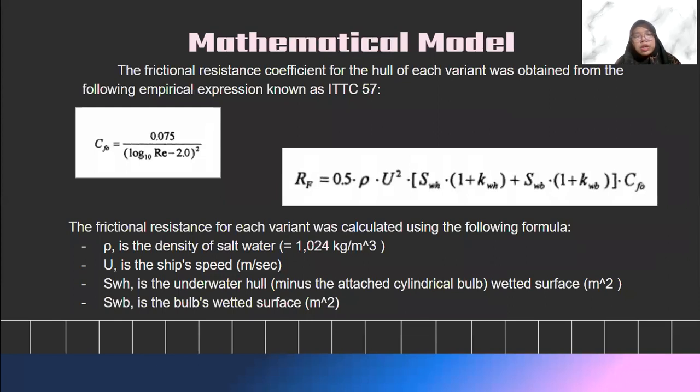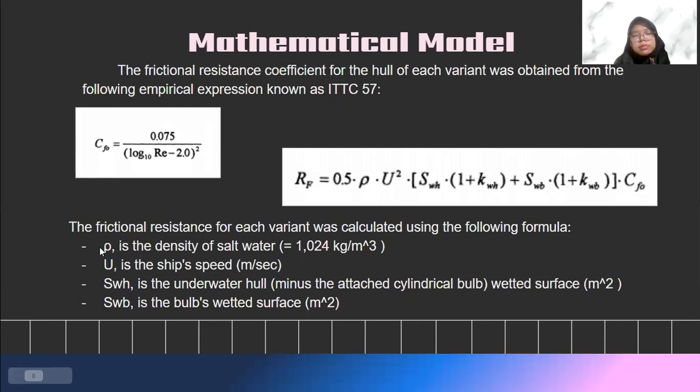And the mathematical model is the frictional resistance coefficient for the whole of each variant, which was obtained from the following empirical expression known as ITTC 57. So this is the CF formula, or the coefficient for the whole of each variant. And then this is the RF, or the frictional resistance for each variant. So this is the formula of the frictional resistance for each variant.